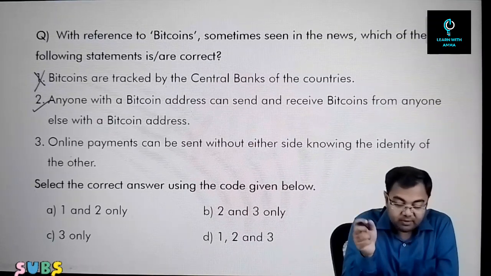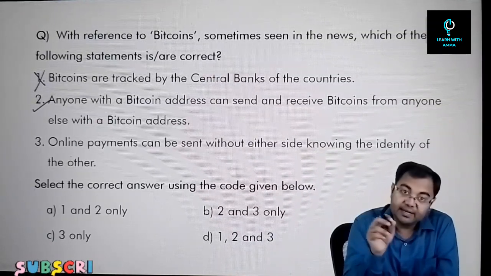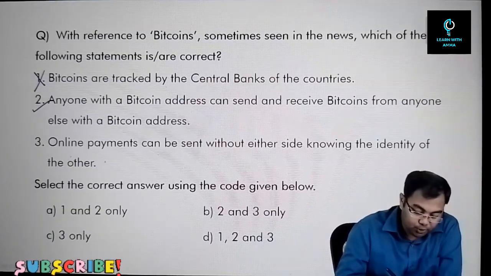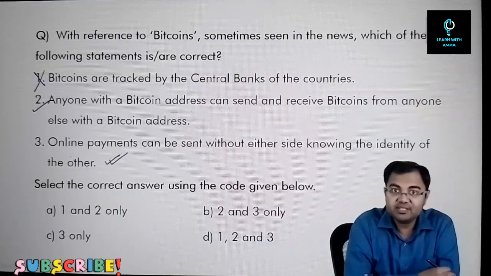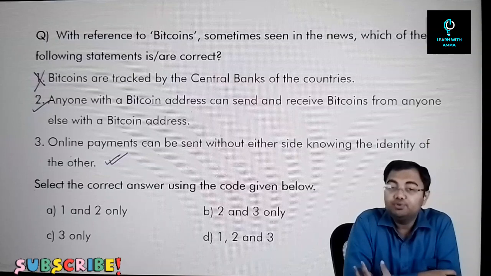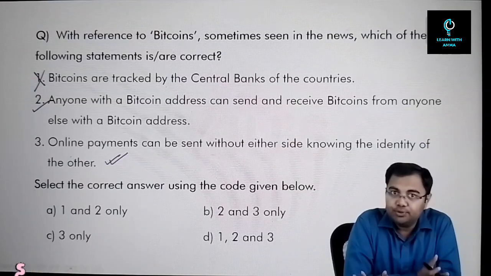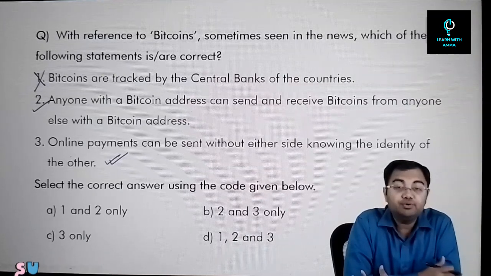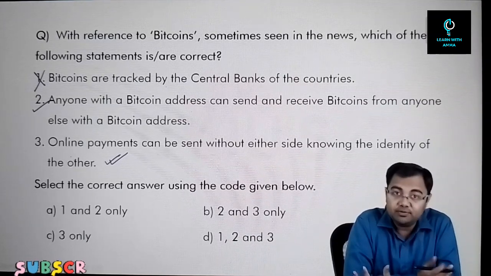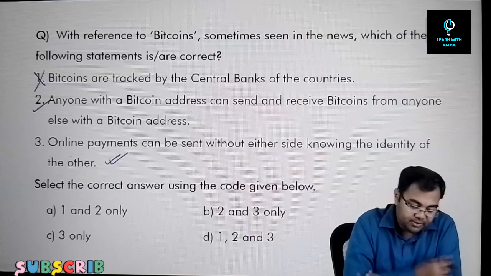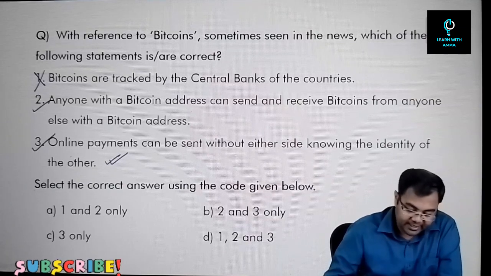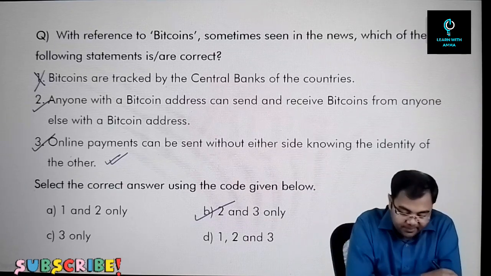Online payments can be sent without either side knowing the identity of the other. This is again true. We discussed that all the users are anonymous. Whoever is sending and receiving is using pseudonames or usernames, so you do not know the exact identity of the person on the other side. So this is also correct. So the correct answer here will be 2 and 3 only.